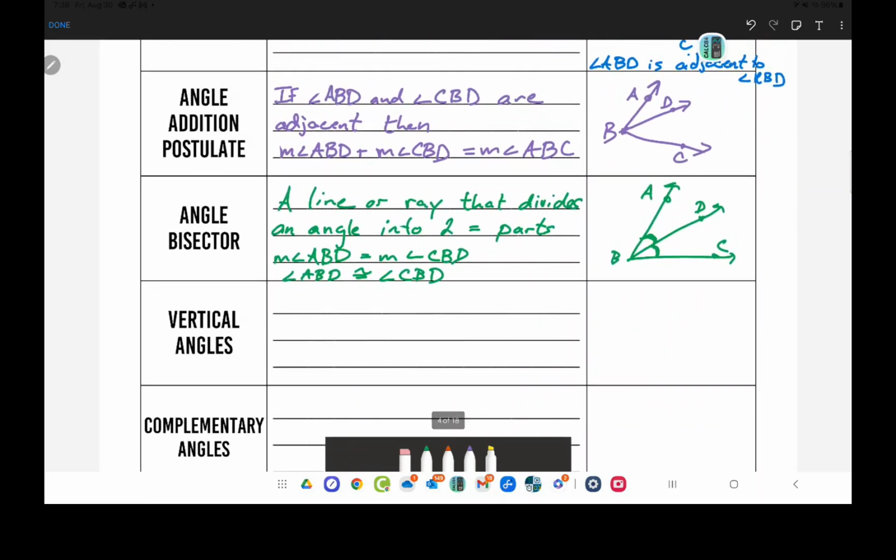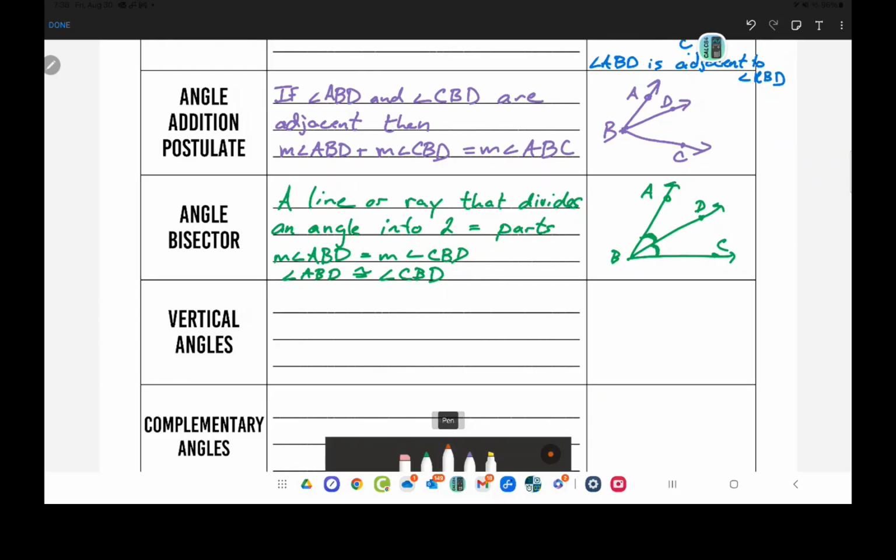Vertical angles. This is going to come up a lot throughout this course. It's such a basic term, but vertical angles occur in a lot of different places. They are two angles directly across from each other on intersecting lines.